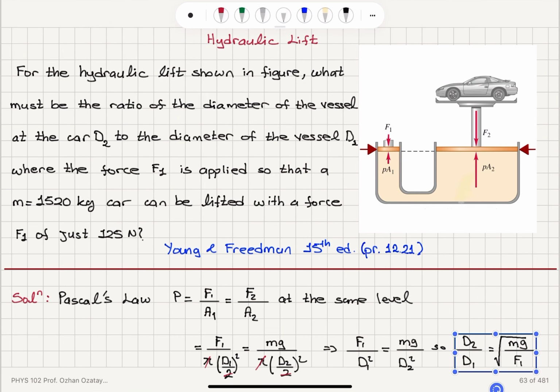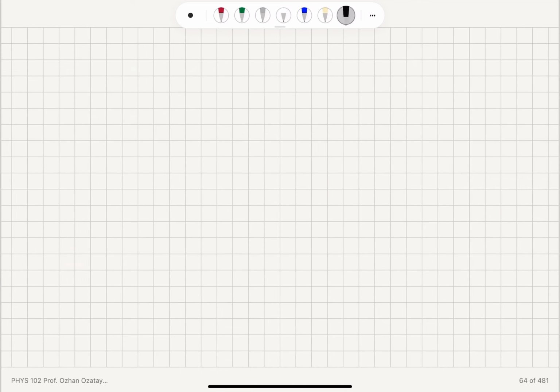Now we can substitute the numbers. The mass of the car is 1520 kilograms. Gravitational acceleration is 9.80 meters per second squared. F1 is 125 newtons.